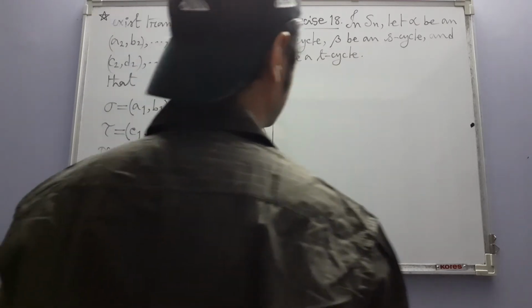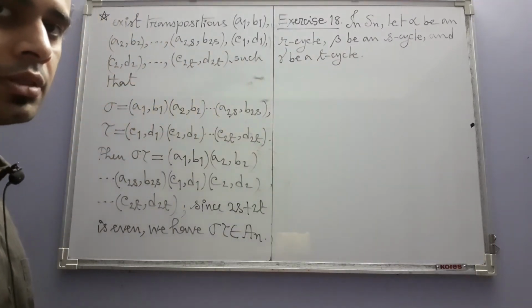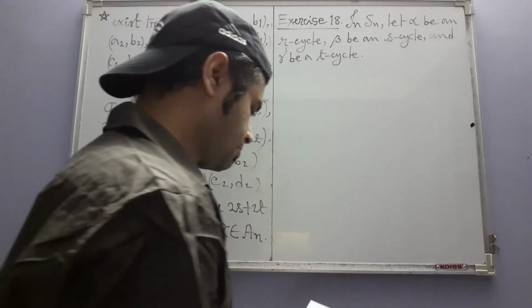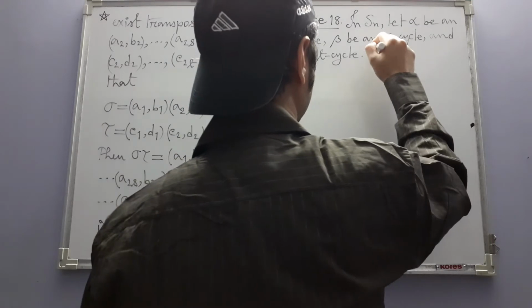These R, S and T are lengths of these respective cycles. Complete the following statements.